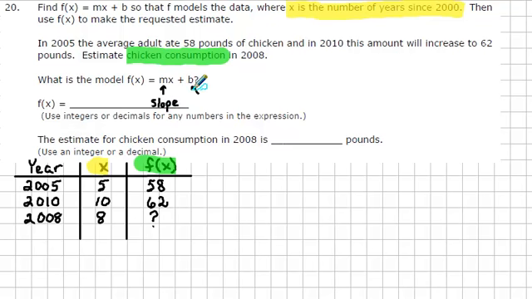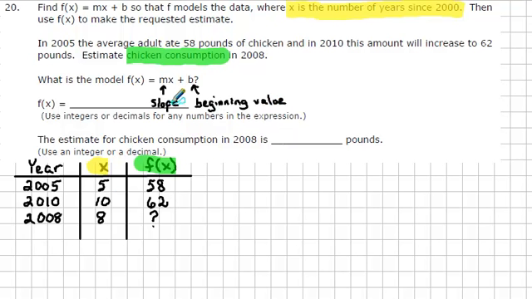And the b value is the beginning value. The beginning value corresponds with an x value of 0. In other words, what was the chicken consumption in the year 2000? Unfortunately, that wasn't given to us.